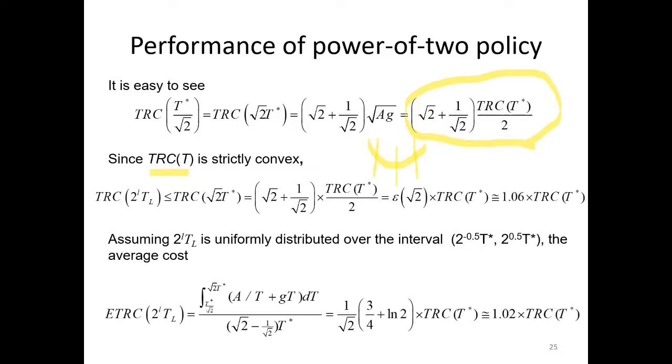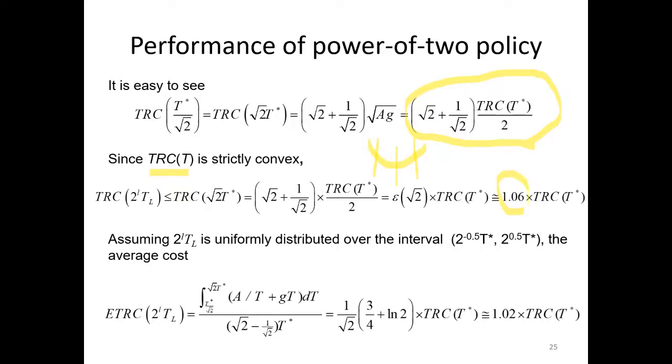I'm not going to go through the details of the calculations, but the point is that the calculations here are based on assuming a uniform distribution of how far you are going to be from these two upper and lower limits. I'm just concerned here with the final result.